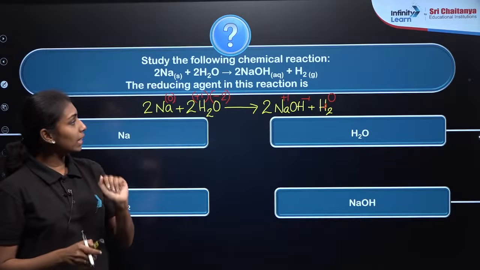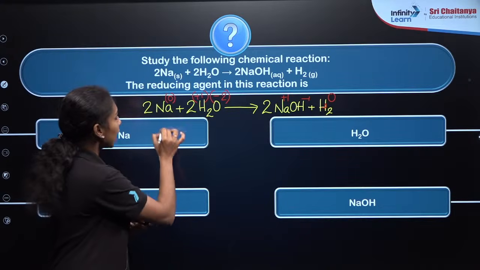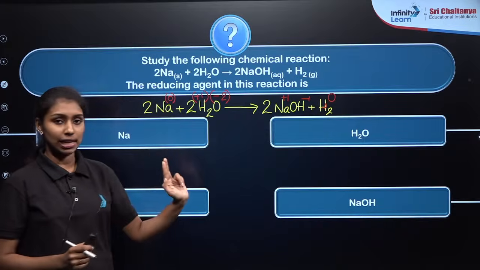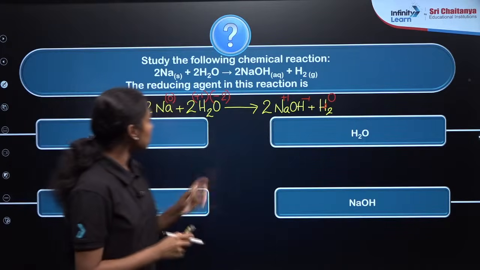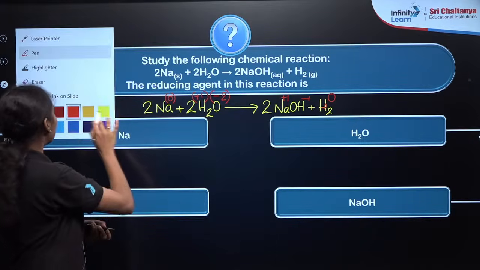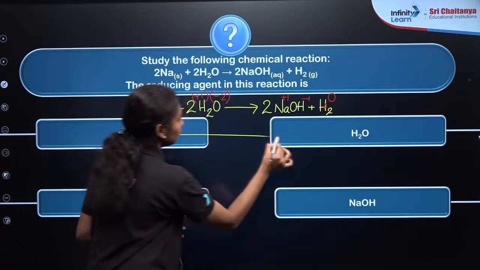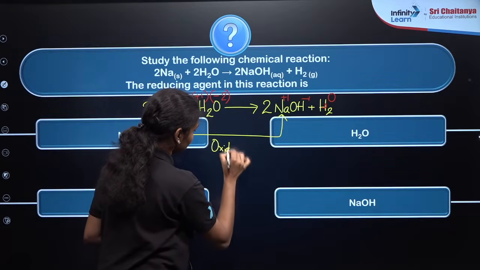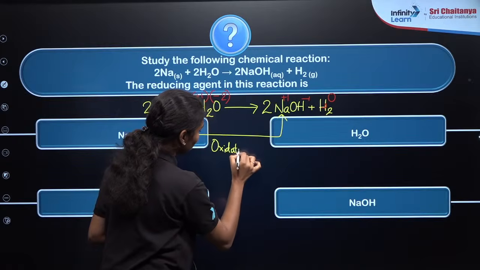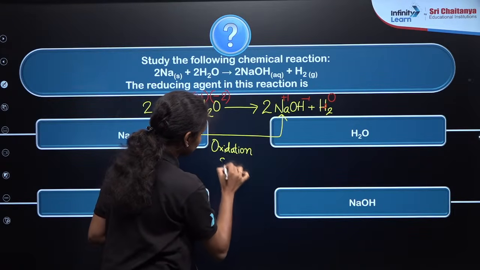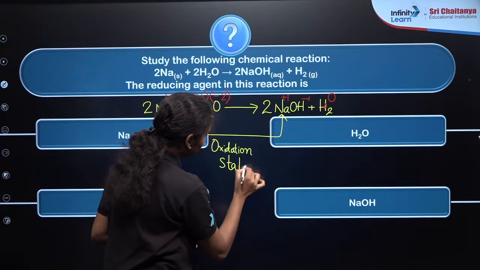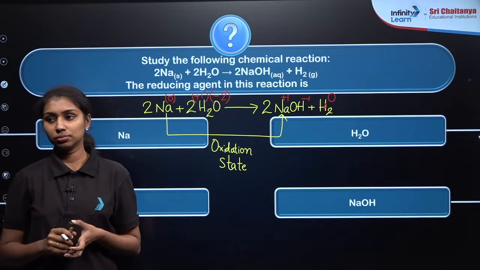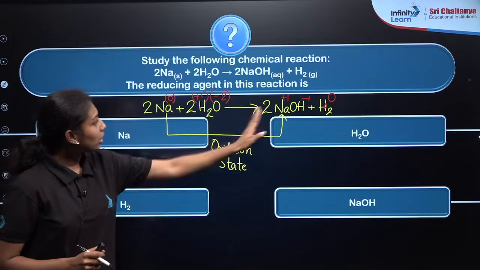So what you are observing here, if I take the case of sodium, on the reactant side it is in 0 oxidation state. Now it is moving to +1 oxidation state, right? So what is happening to the oxidation number? Whether it is increasing or decreasing. Here it is 0, now it is moving to +1.